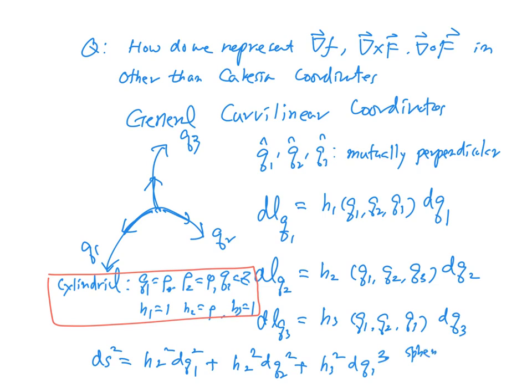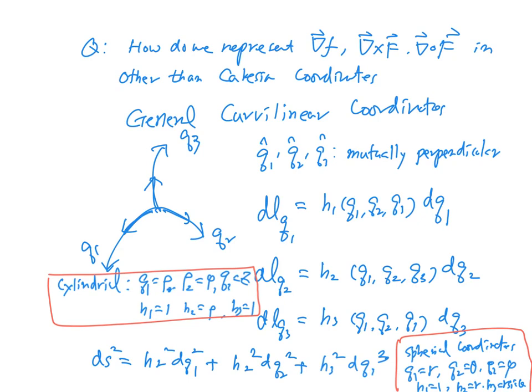In spherical coordinates, q1 was r, q2 was theta, q3 is phi, and h1 is 1, h2 is r, h3 is r sine theta. This is a special case, but it is much more convenient to use this generalized curvilinear coordinate.